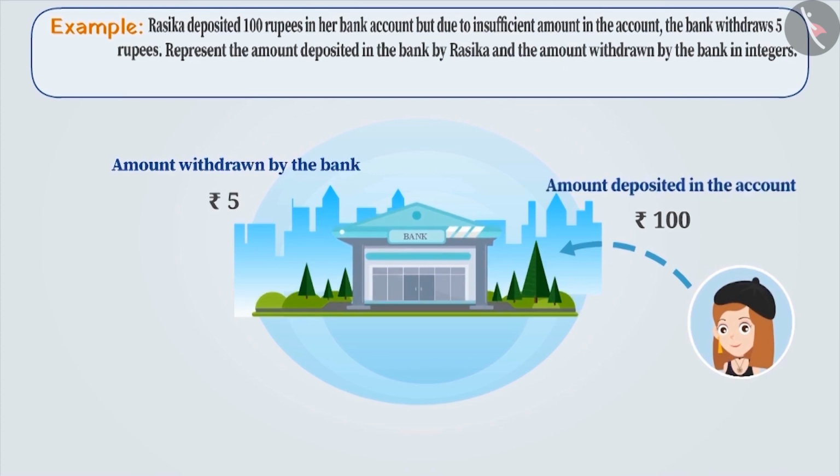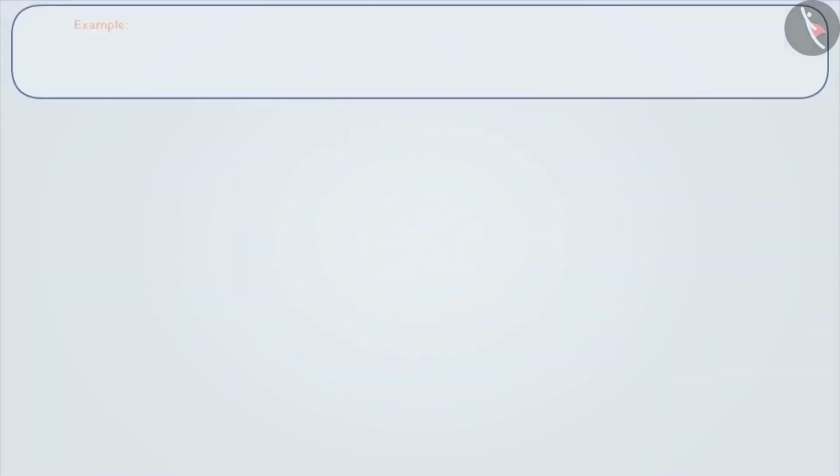Depositing money into a bank account and withdrawing money from a bank account are contrast situations. Generally, we express the deposited amount with a positive sign and the withdrawn amount with a negative sign. Similarly, the amount deposited will be expressed as plus 100 and the amount withdrawn will be expressed as minus 5.